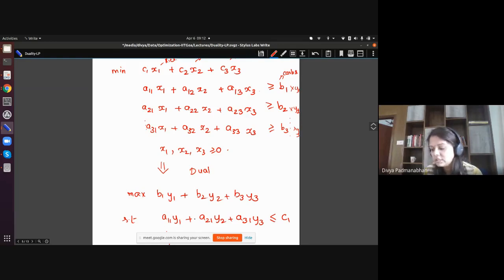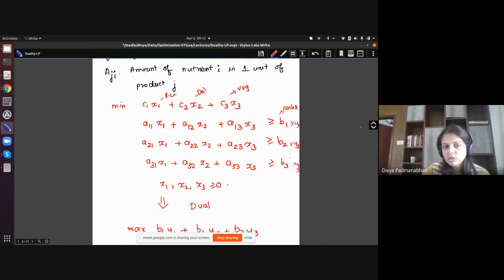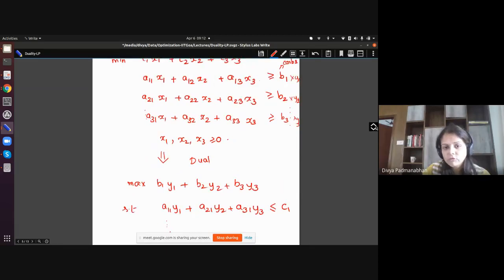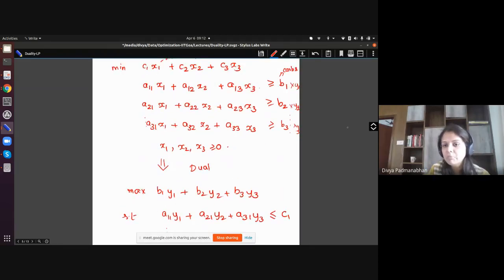Now, if you're going to introduce these pills, when will somebody choose to go for these pills instead of these food products? From the customer's point of view, they're trying to minimize their cost. If they end up paying more by taking these pills, then they're not going to buy them. These constraints ensure that. In terms of food product one, you would spend C1 as a cost.